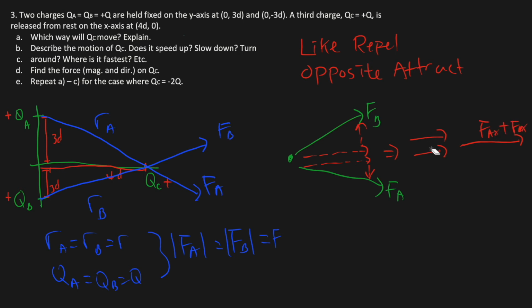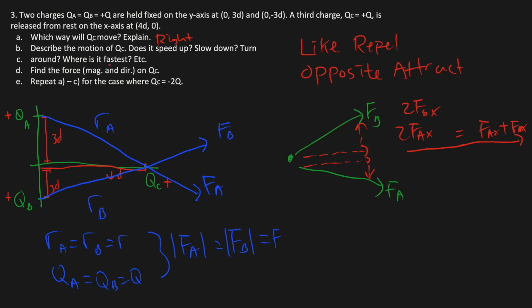So let me erase this. This is going to be equal to 2FAx. It's also equal to 2FBx because FA is equal to FB in magnitude. So the net force points to the right, and the charge will also move in the rightward direction.